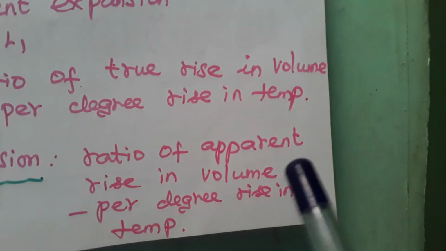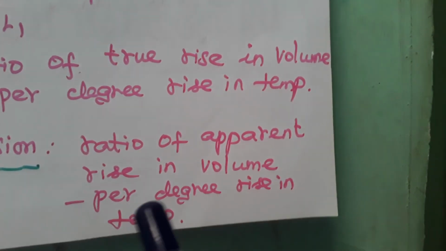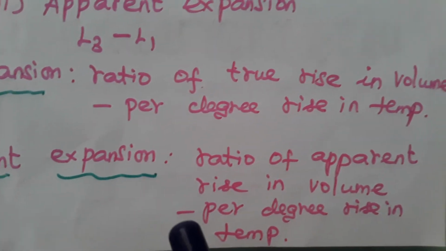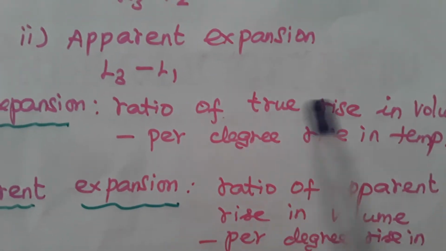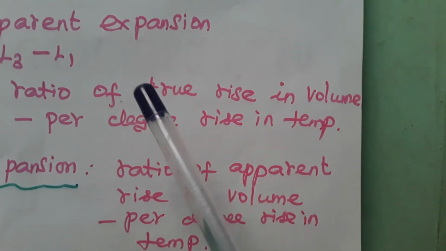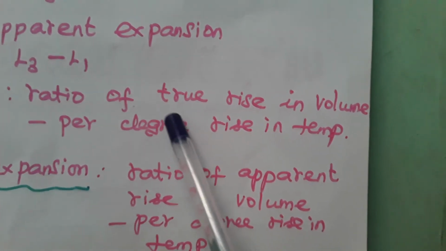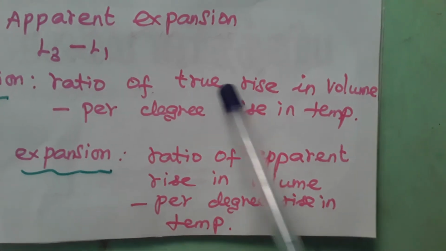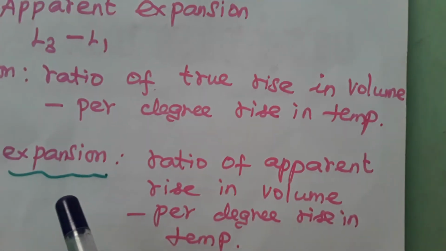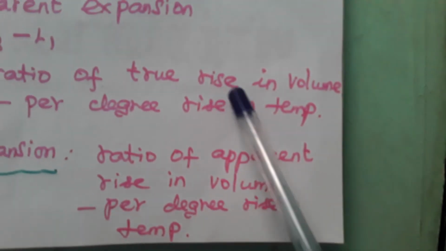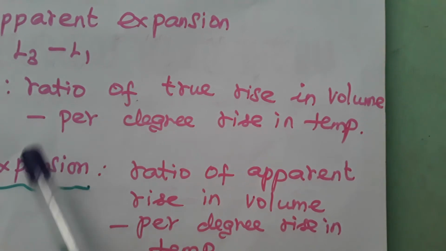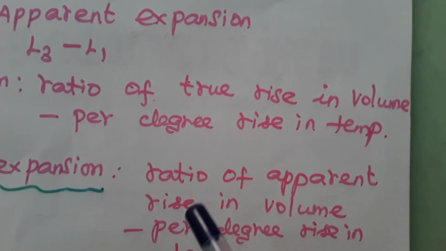Ratio of apparent rise in volume per degree rise in temperature. Students, here you can notice that for both we are using the same definition, but for the coefficient of real expansion we have to use the word true, and for the coefficient of apparent expansion we have to use the word apparent. Only this is the difference between these two, and they often ask for it in our 2 marks and 4 marks questions.